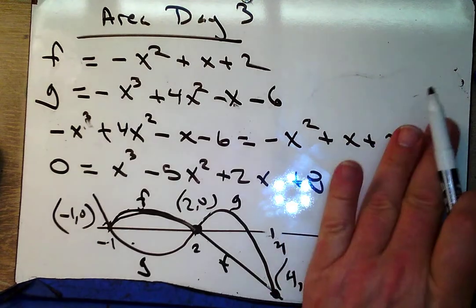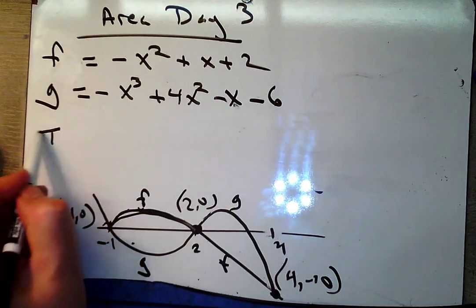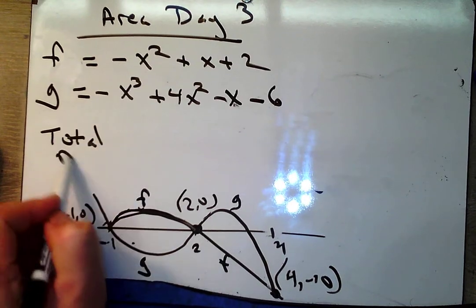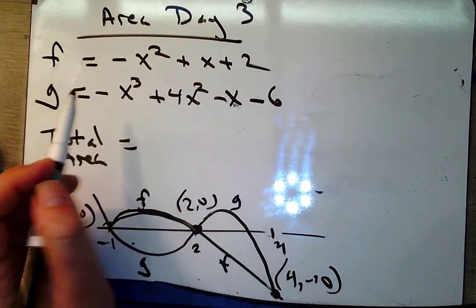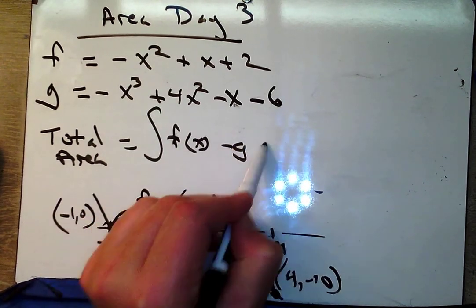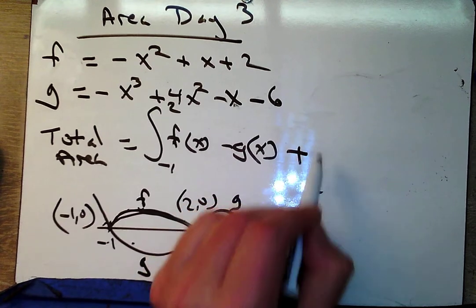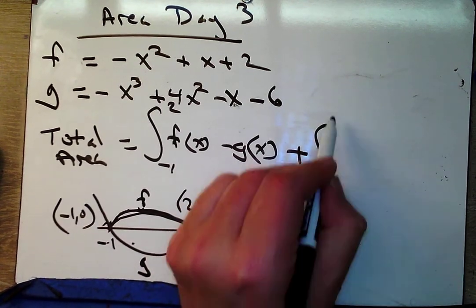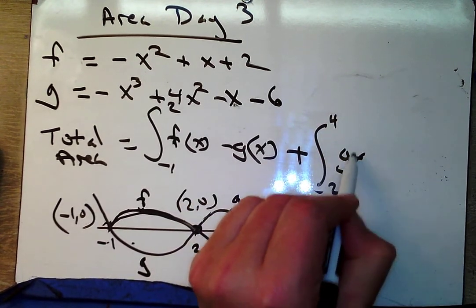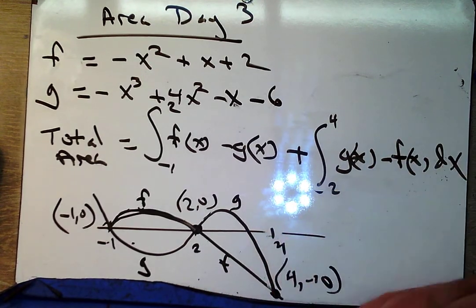And so I'm going to expect to see something along the lines of the total area is the integral of f of x minus g of x from -1 to 2 plus the integral from 2 to 4 of g of x minus f of x dx. Okay, so here's the thing.